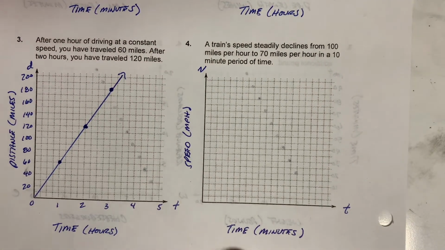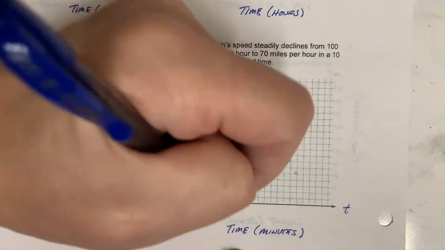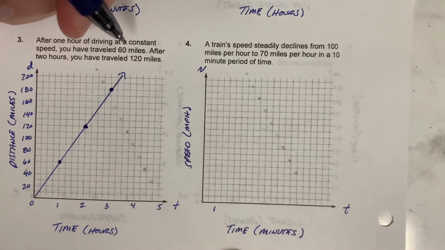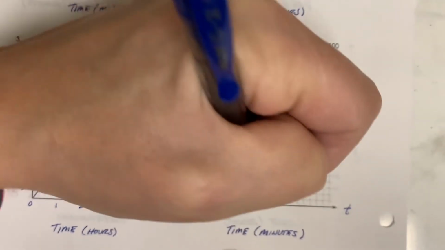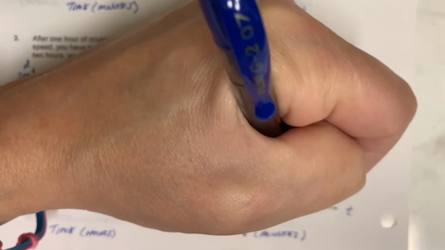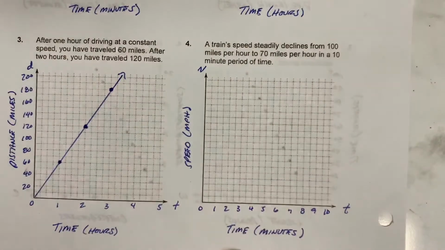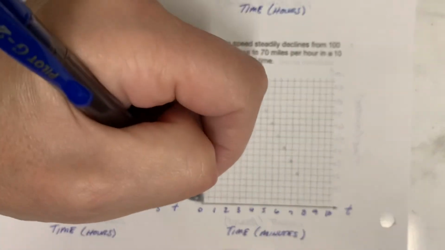All right, so we're going to go by every 2 grid lines for the time. 2, 4, 6, 8, 10. And we're going to go by every 2 grid lines for speed.